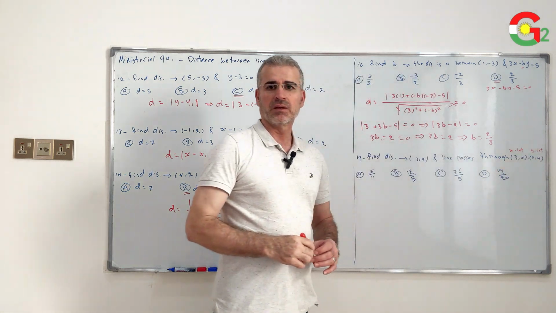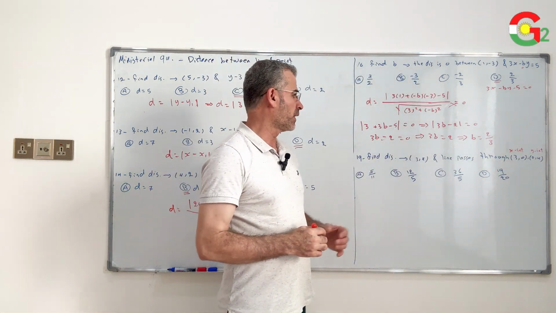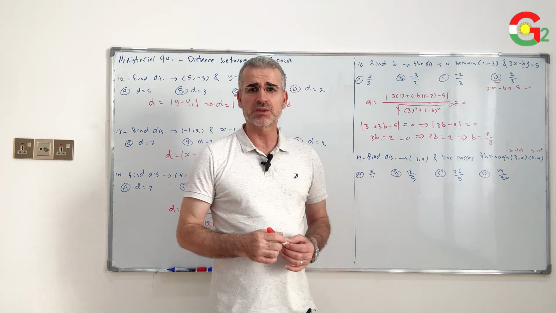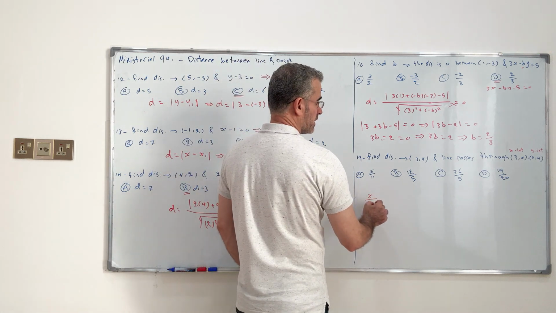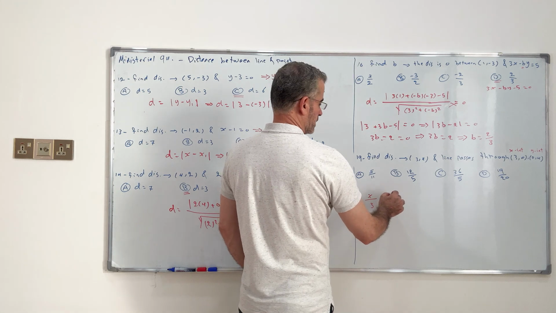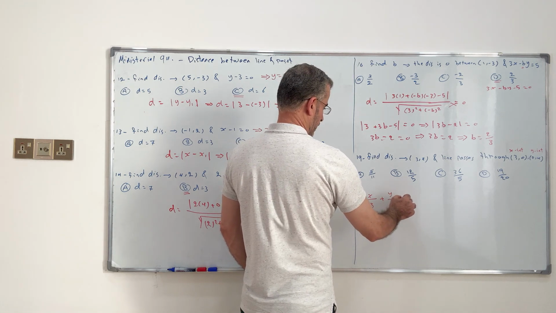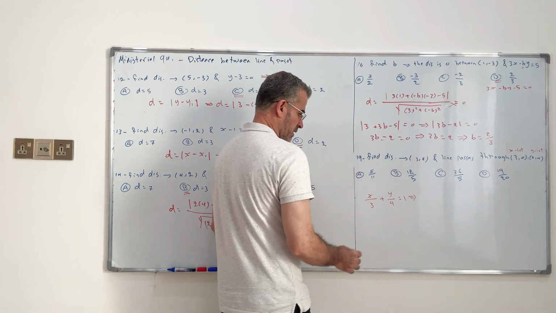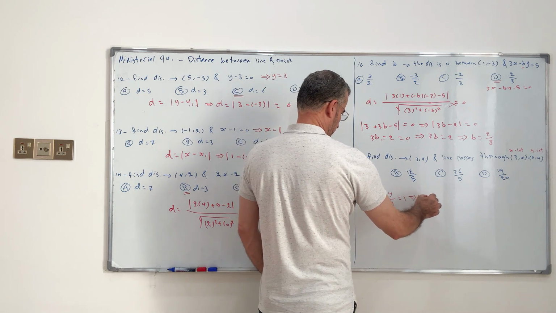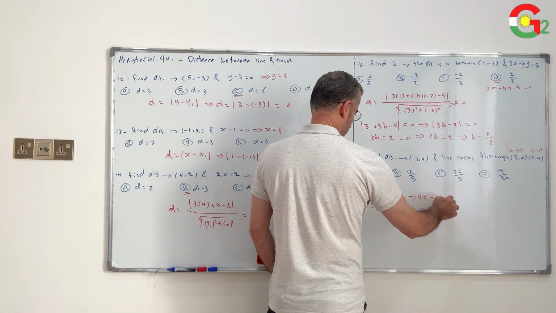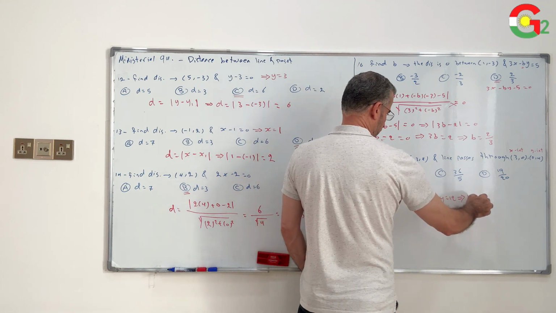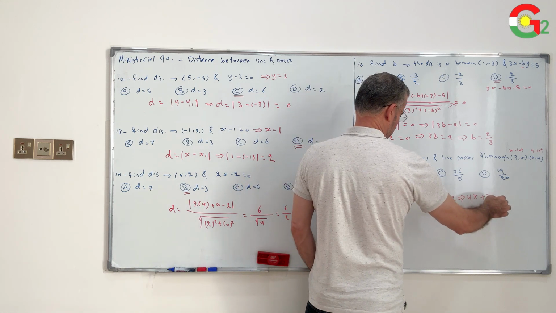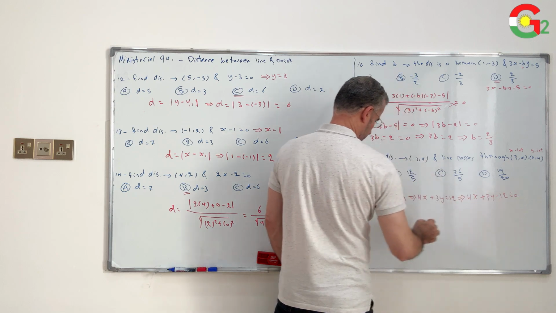I can write the equation of the line passing through these two points using the intercept form: x over x-intercept plus y over y-intercept equals 1. Multiply both sides by 12: 4x plus 3y equals 12. Rewrite it in general form: 4x plus 3y minus 12 equals 0.